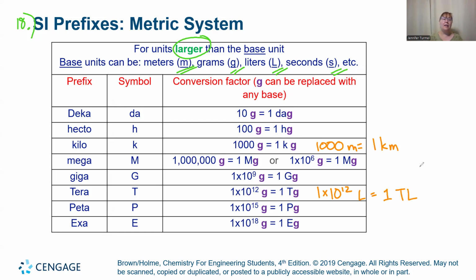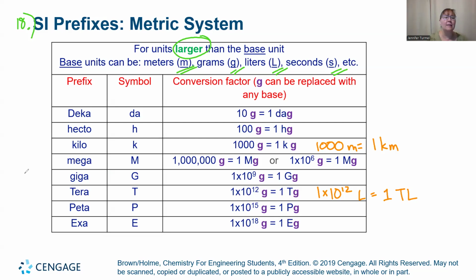You can put anything in here that you want to. We don't use quite as many of these really big ones when we're working in chemistry. Usually we're working with smaller than the base unit because we're talking about atoms.